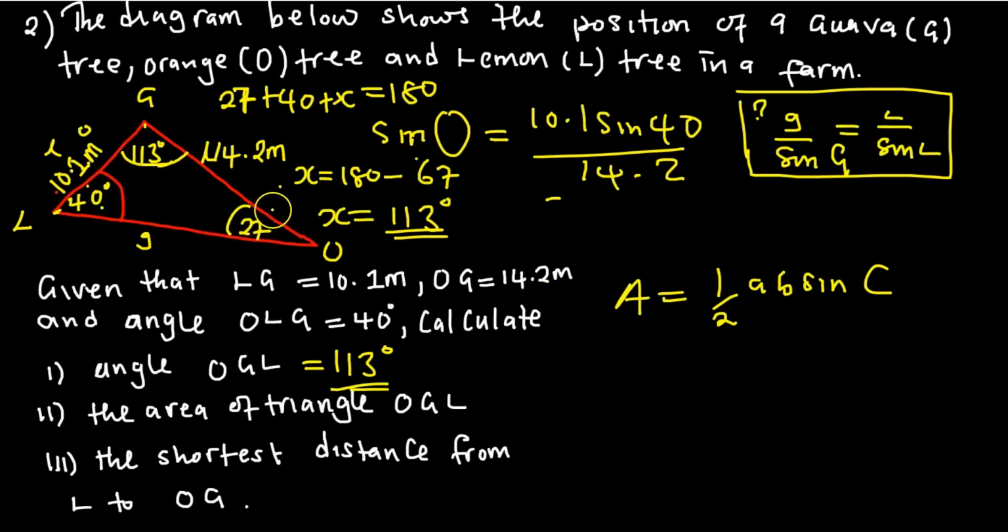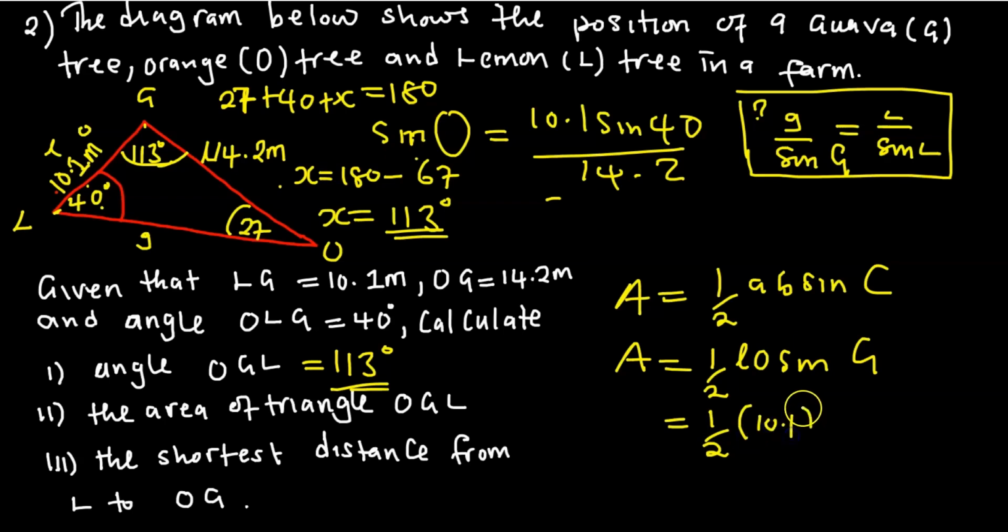And of course, the sides that are given are L and O. So we are going to have area is equals to half LO sine G. So in replacing here, area is equals to 10.1 multiply 14.2, then sine 113 degree.